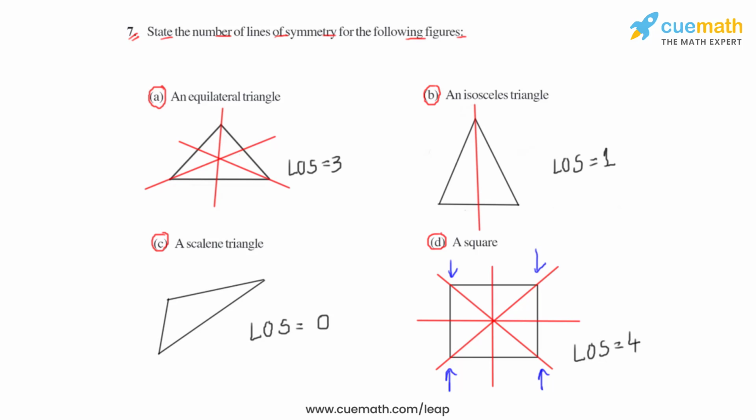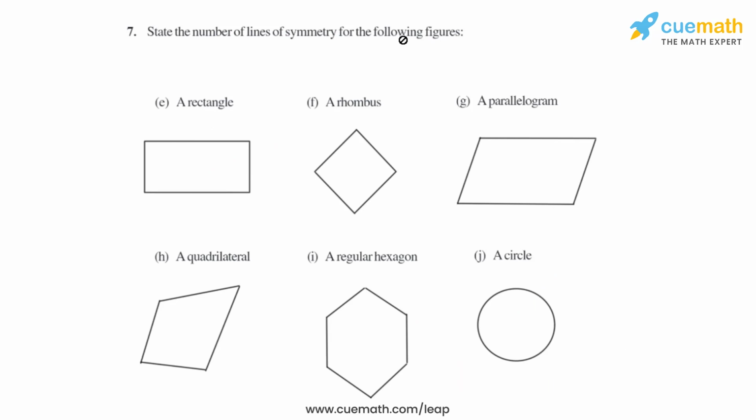Let us now see the next set of figures of the question. Moving on to figure A, which consists of a rectangle. Since a pair of sides are equal, to divide the rectangle into two equal halves, we first have this horizontal line, which is one of the axes of symmetry, because if we fold the figure about this line, the equal parts will coincide.